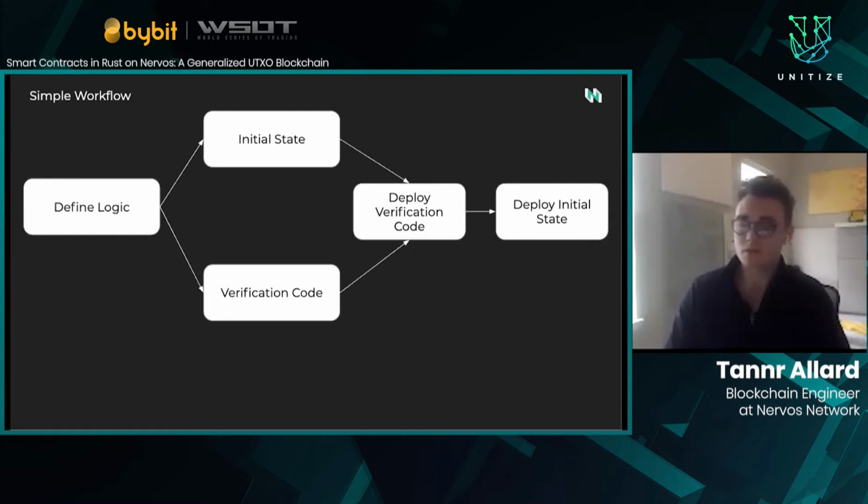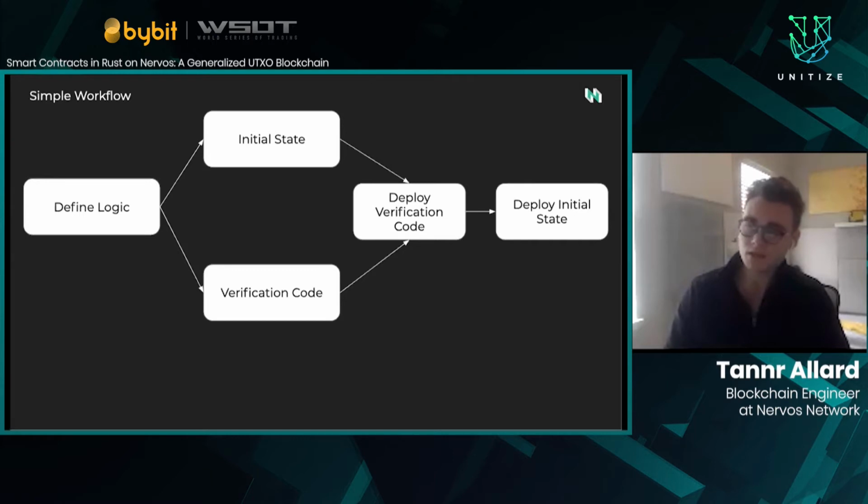Truly, they're just verification scripts. When they're included in a transaction, they ensure that the transaction satisfies some rule set according to whatever the code that the developer has written actually says, right?